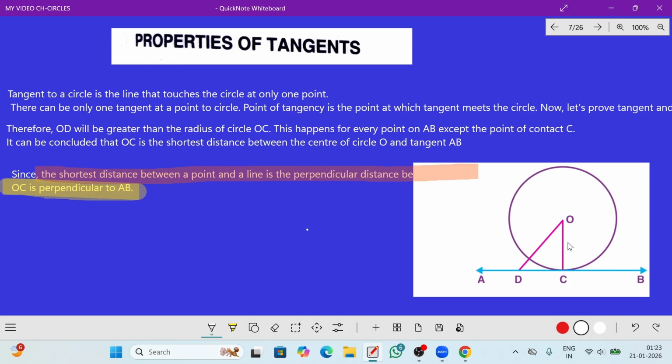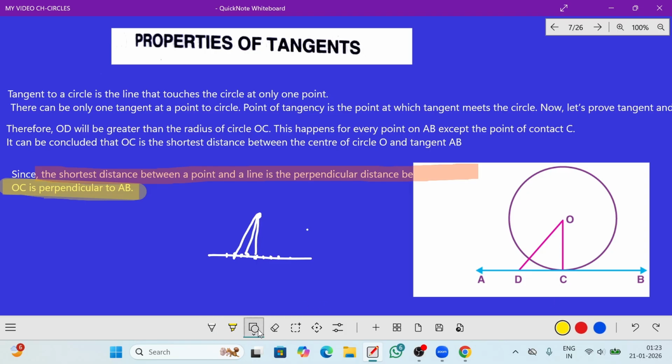A straight line has many collinear points, points lying on the same line. From a point outside the line, we can draw a line to every point, like this, like this. So here we can see that this line OD is always greater than OC.